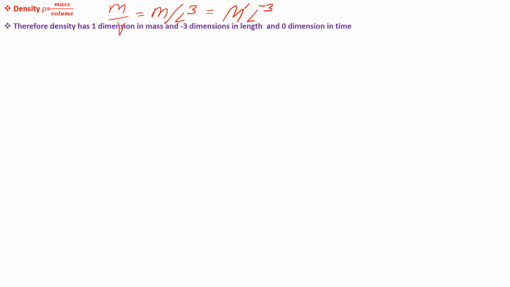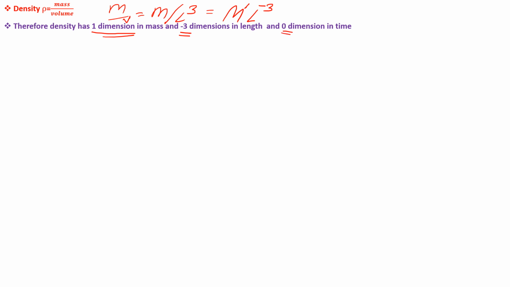Then by looking at the dimensions, how can we say what the dimensions of density are? Density has one dimension in mass, so m to the power 1, that is one dimension in mass, and minus 3 dimensions in length, and 0 dimension, since density is independent of time.